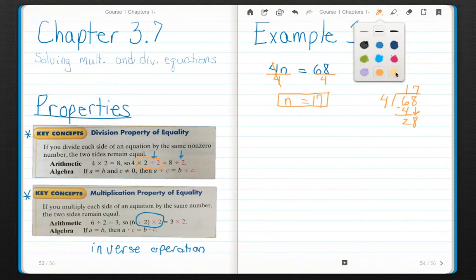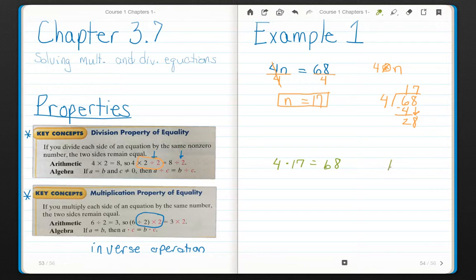If I want, I can check that by saying 4 times 17 should equal 68. Well, 17 times 4, 7 times 4 is 28. 4 times 1 is 4, plus 2 is 6. So 68 does in fact equal 68, and my answer of n equals 17 is correct.